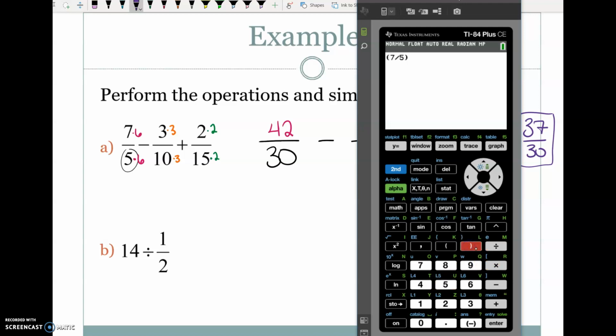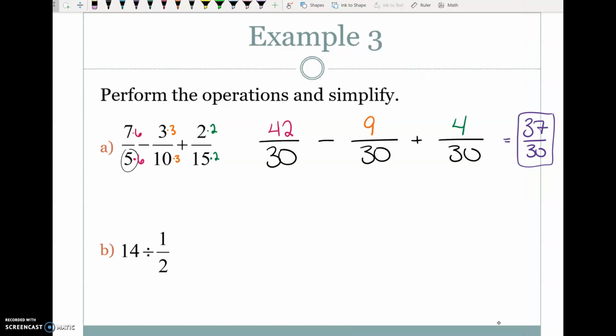But we have 7/5 minus 3/10 plus 2/15. Change that decimal to a fraction. Our answer is 37/30. Now, on this section, I would like you to do these problems using the properties of fractions, but you can absolutely check yourself by plugging it into your calculator.